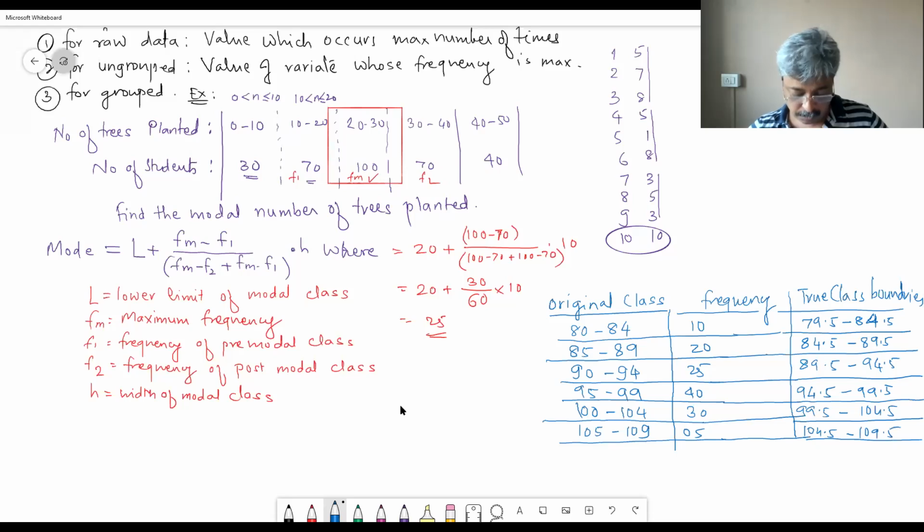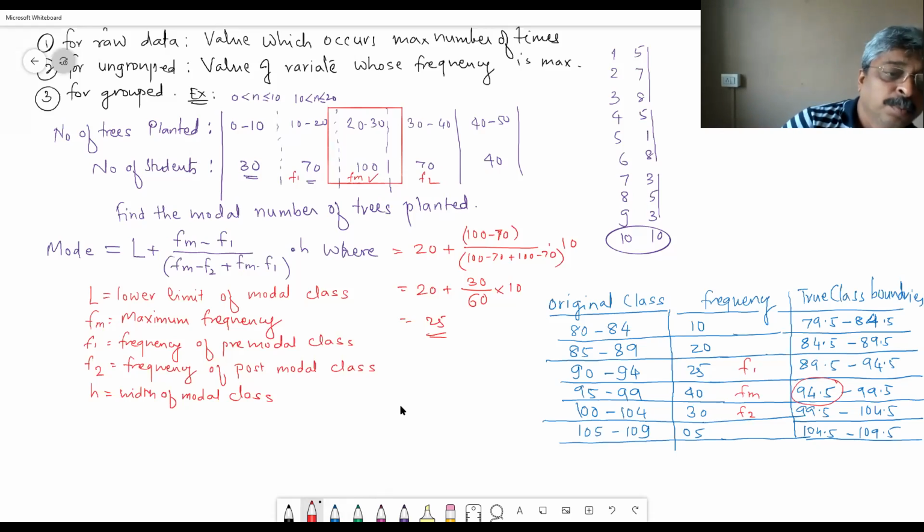Okay, so now this is Fm, F1, this is your L. So you can find out the modal number of this.